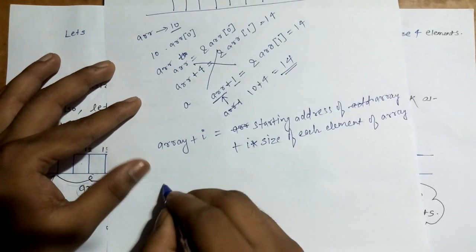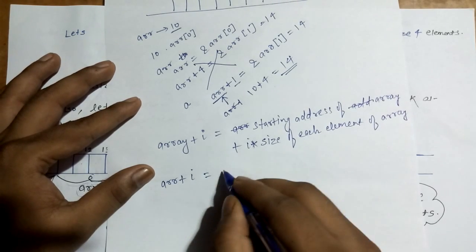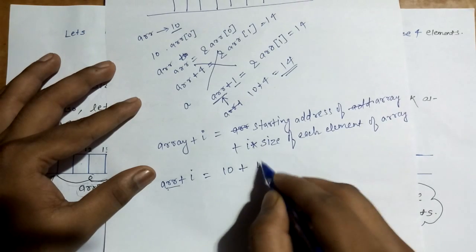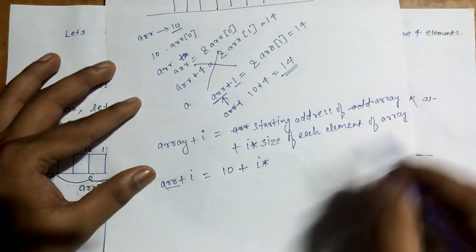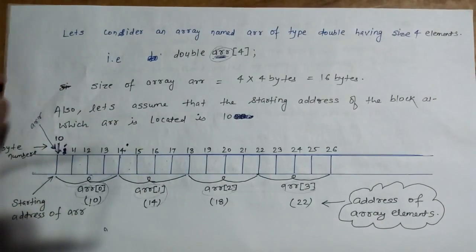For this example, our formula is ARR plus I is equal to 10, that is the starting address of ARR, plus I into the size of each element of array, which is 4. So 10 plus 4I. Okay, you got it.